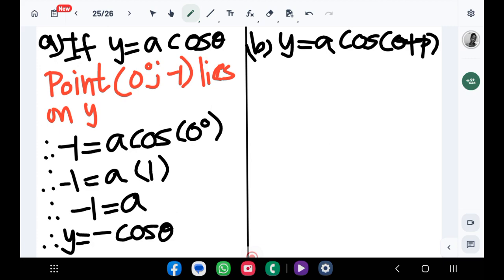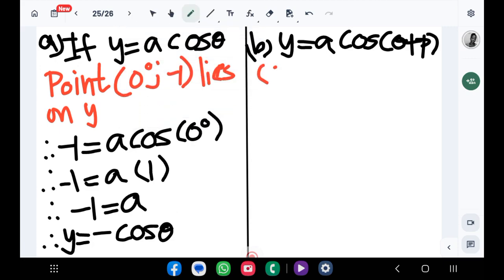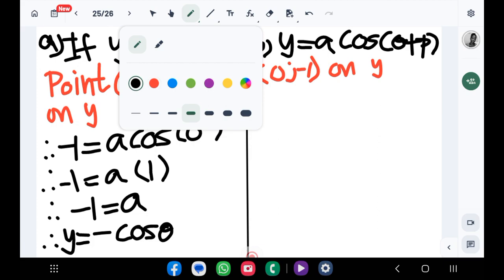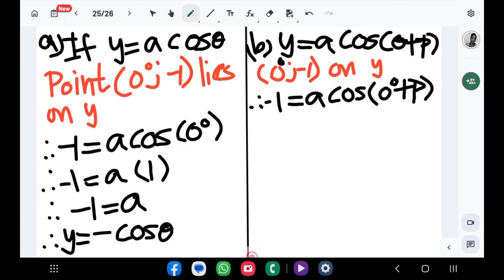All right, same thing, the point on y. Let's substitute that point. Therefore, -1 equals cos of 0 degrees plus p, meaning that therefore -1 equals cos of p.